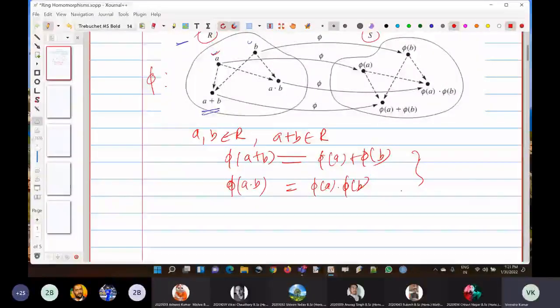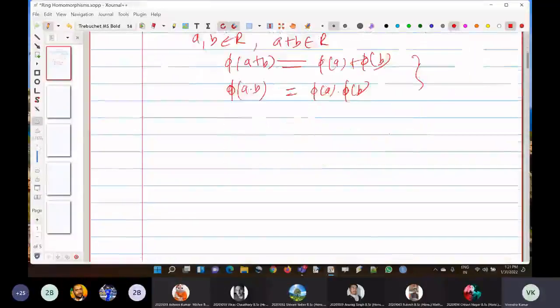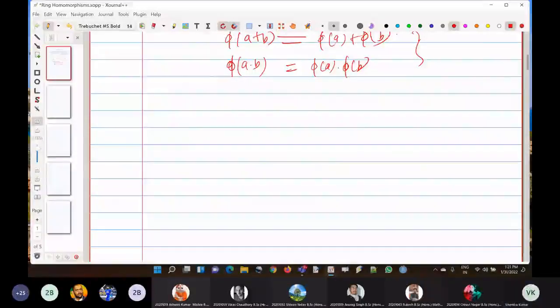Before proceeding, let us see the official definition, and then we can take up some examples today.